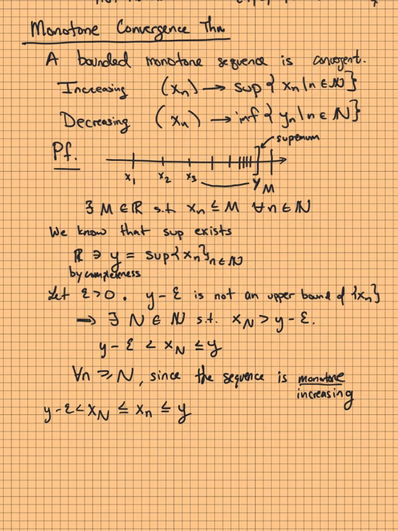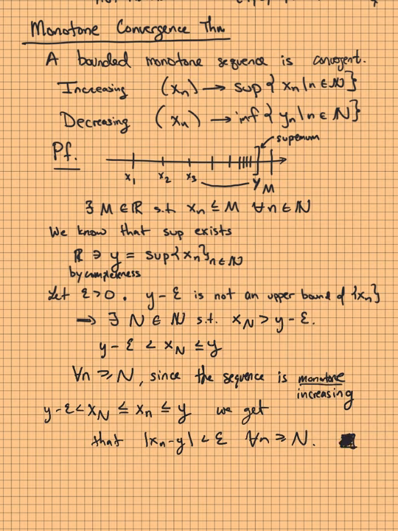And therefore, in particular, we get that the absolute value of xn minus y is less than epsilon for all n bigger than or equal to N. Okay, so that's the proof. It converges.